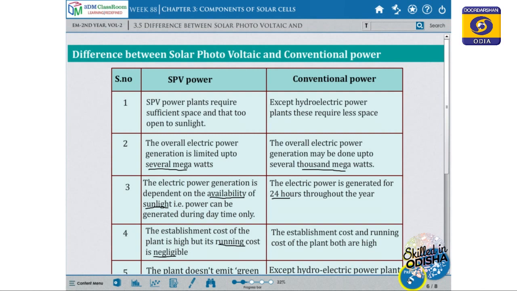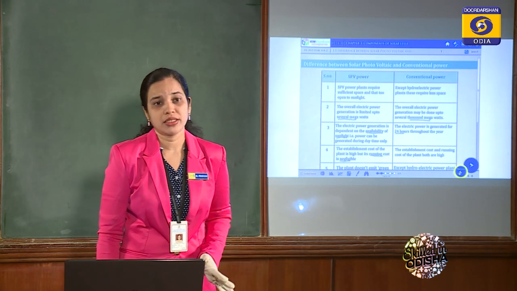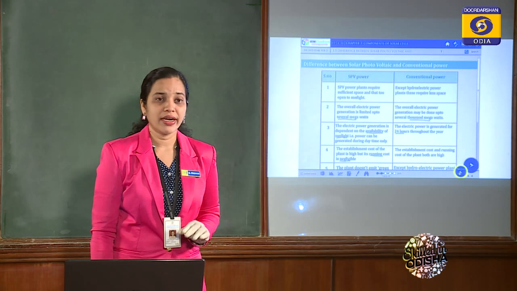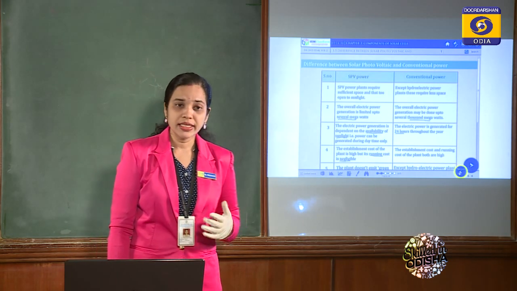A solar photovoltaic power plant requires sufficient space to install the system. That may be a building rooftop or a free ground or very spacious place which more sunlight and ventilation can reach. In that place we can install this plant.